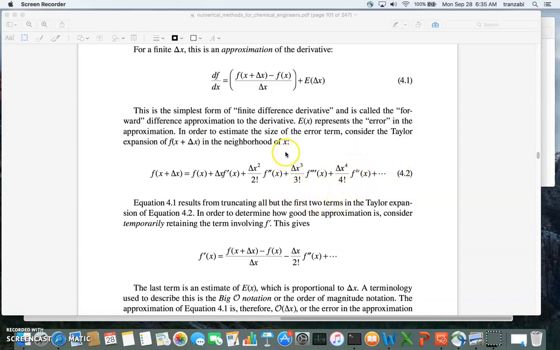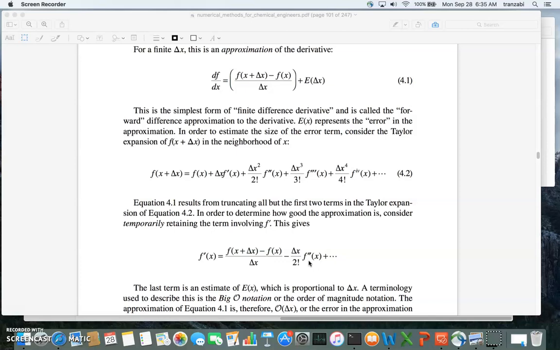So if I just truncate this up to the third piece here, then I'm left over with minus delta x divided by 2 times f double prime of x.